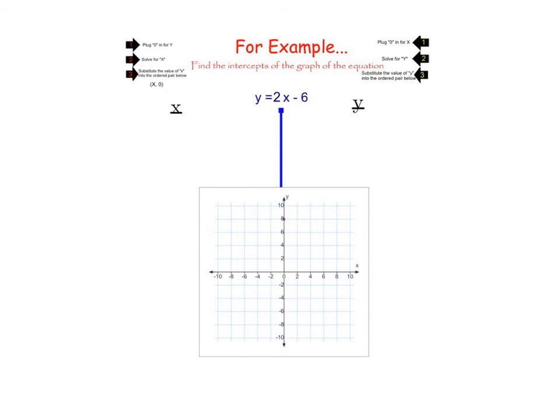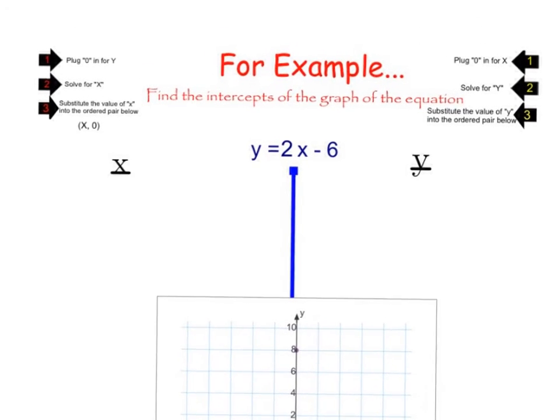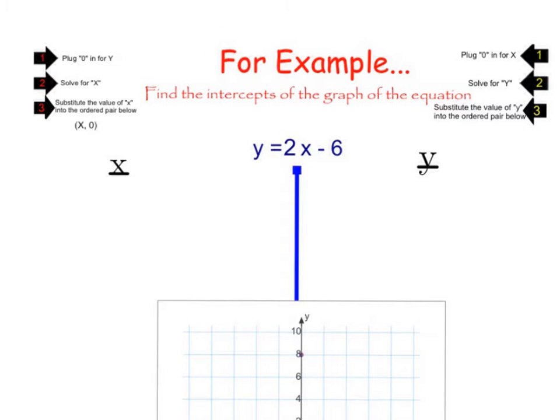Okay, so if we want to begin by finding the x-intercept, here are our steps that we're going to use. We're going to plug in 0 for y. So let's take our equation, and where we see y, let's fill in 0. 0 equals 2x minus 6. Step 2 says we're supposed to solve for x.